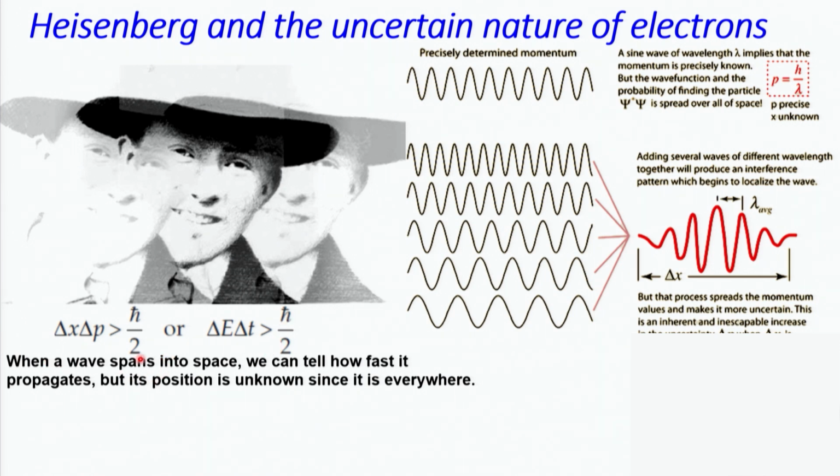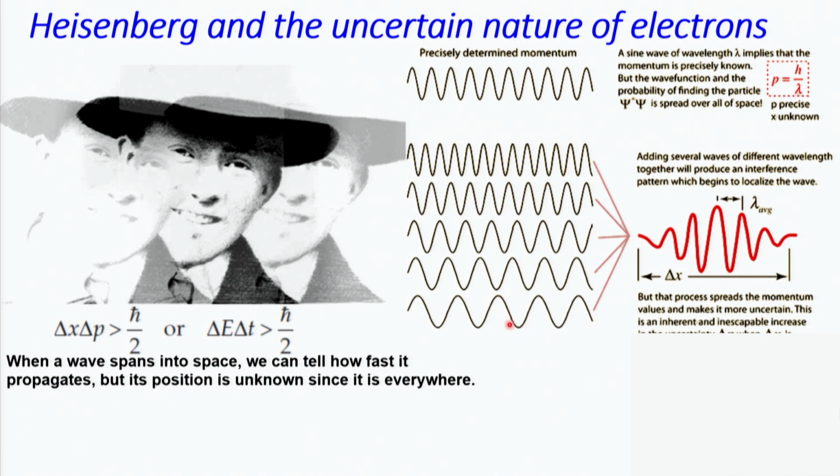When a wave spans space, we can tell how fast it propagates, meaning we can get the velocity or momentum, but its position is unknown since it is everywhere. Let us say you have a precise wavelength. If the wavelength is fixed, that means one single wave, so we can easily find the momentum, but we cannot know the position of the particle. Similarly, to get a wave particle confined to a particular space, you need to superimpose a number of these waves.